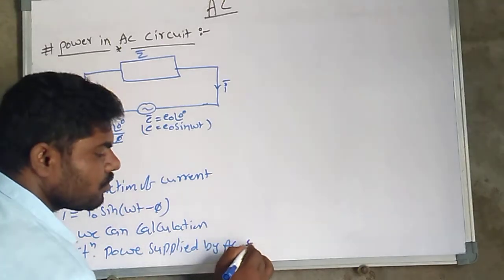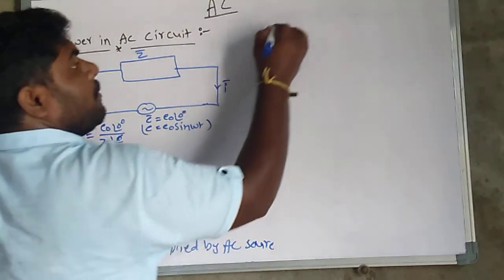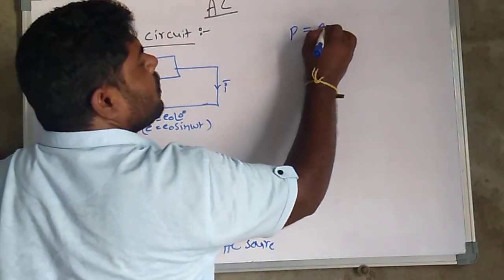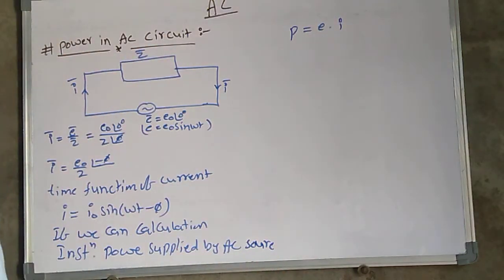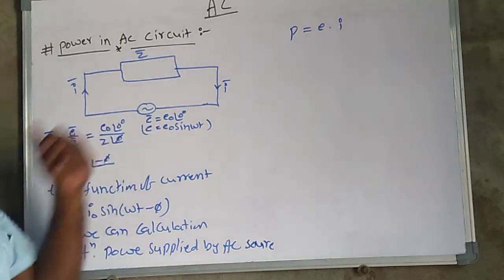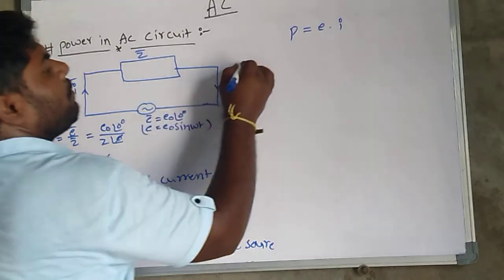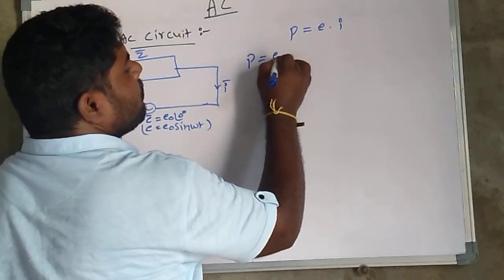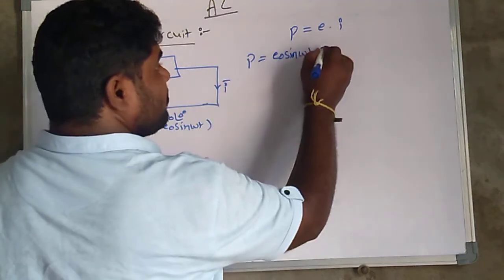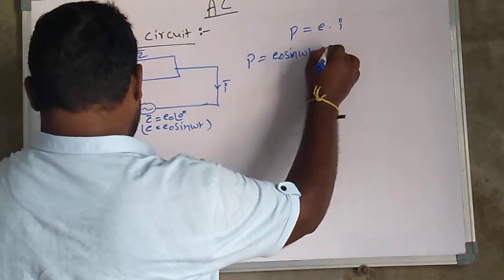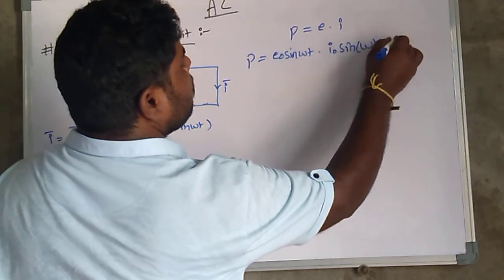Here P is equal to E into I. Substituting the E value and the I value, P is equal to E naught sine omega t into I naught sine of omega t minus phi.